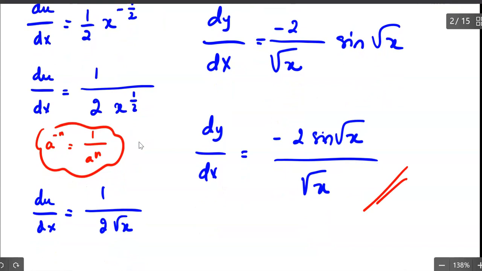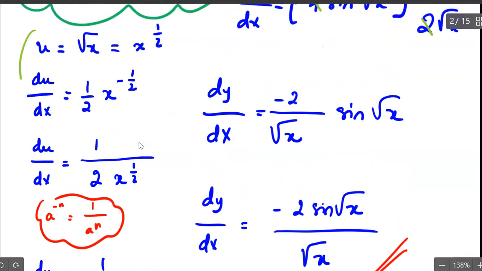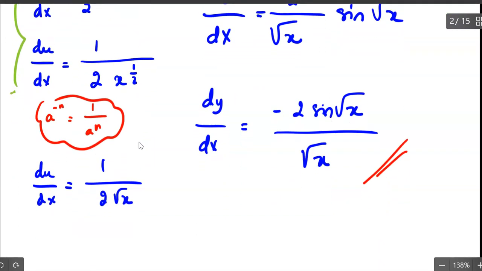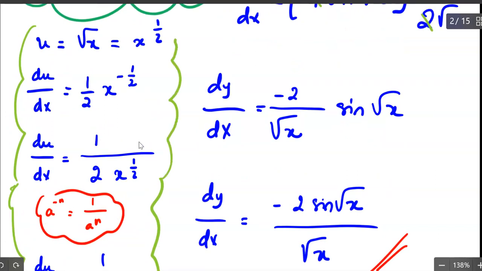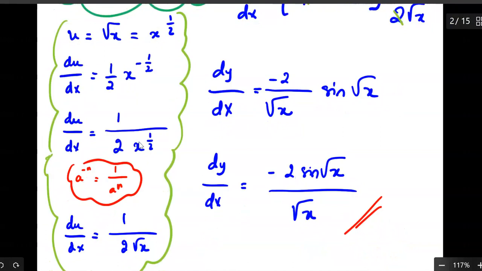Alright, it's pretty simple. So this one, I think we did it on the side. It's always a good idea to define the u and then find your du over dx.